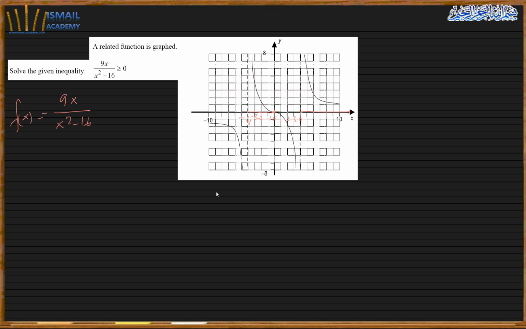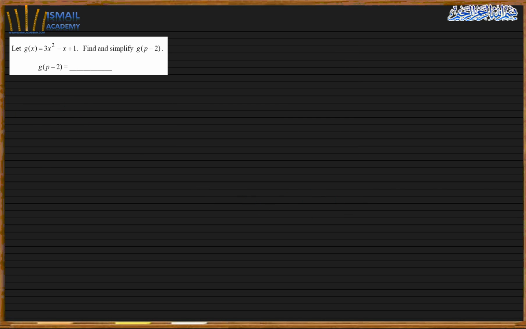So the solution will be on the interval -4, because this is an asymptote, so it's not included, so open parenthesis, to 0, union, and here open parenthesis 4 to infinity. I include the 0 because we have the equal sign. If there is no equal sign, it's going to be a parenthesis here. Here we have a parenthesis because this is an asymptote, the vertical asymptote. So this is my solution for that inequality.